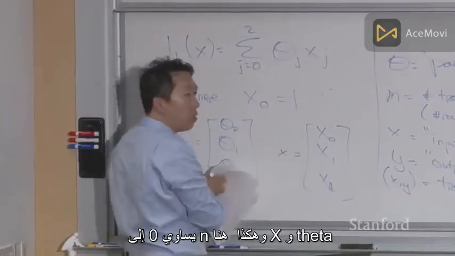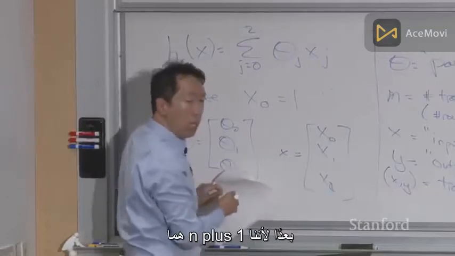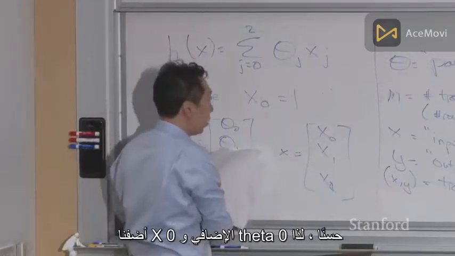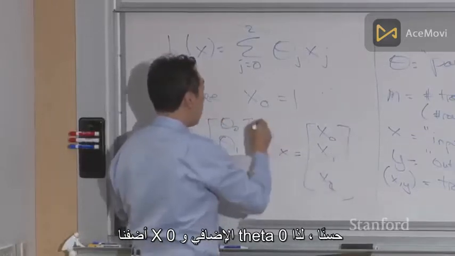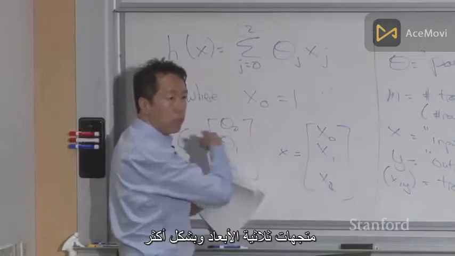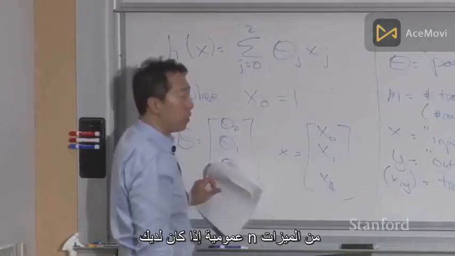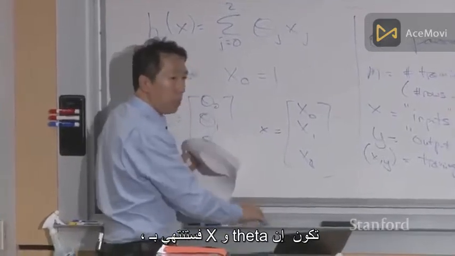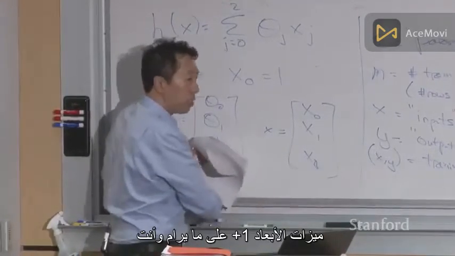And so here, x and theta are n plus 1 dimensional because we added the extra x0 and theta 0. Okay? So if you have two features, then these are three-dimensional vectors, and more generally, if you have n features, you end up with x and theta being n plus 1 dimensional features.